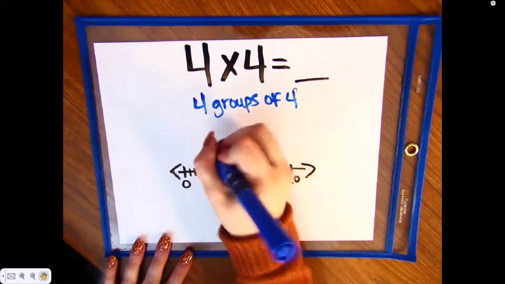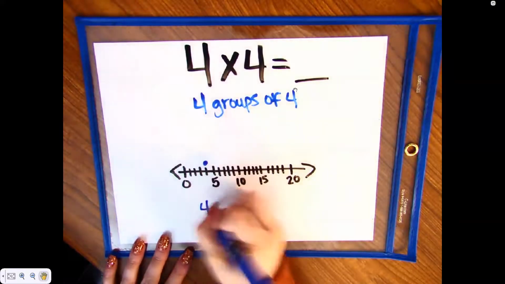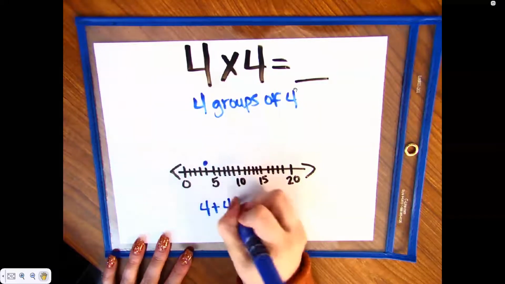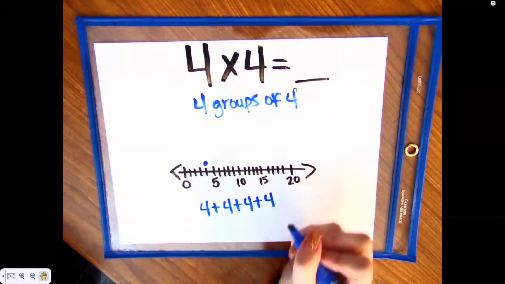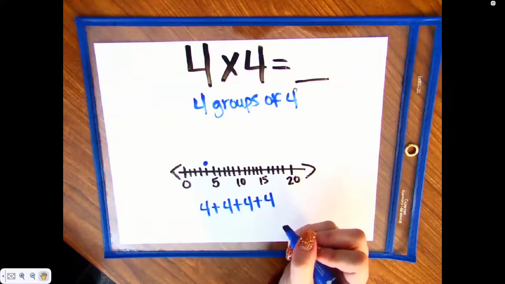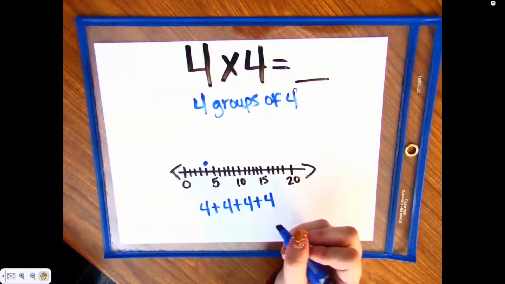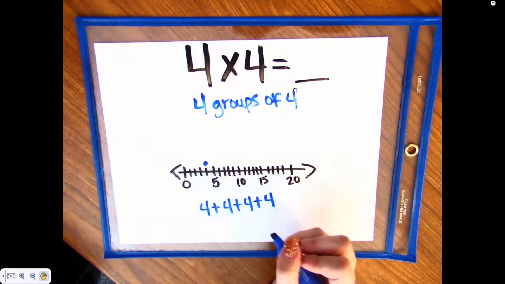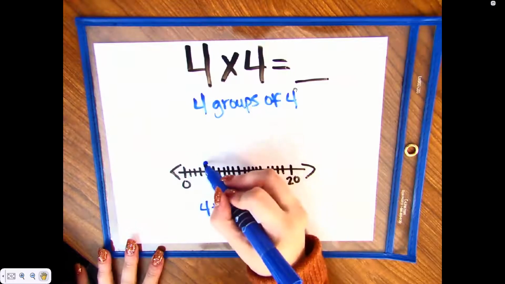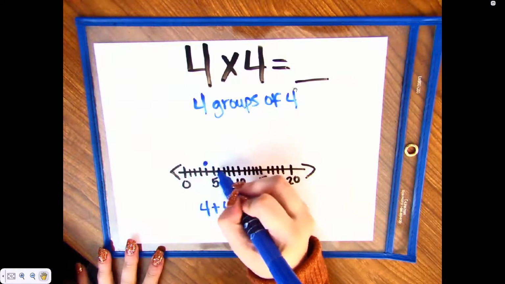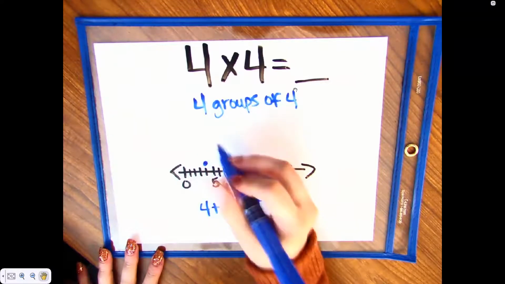So I'm going to actually write out, kind of like repeated addition, my 4 groups of 4. So I know that when I go 4 on my number line, I can kind of go, check, I did that one. Check, I did that one, okay? So then I need to go 4, right? 1, 2, 3, 4.